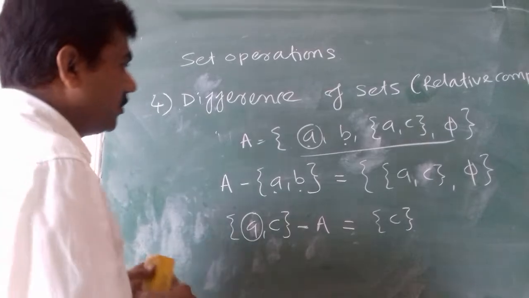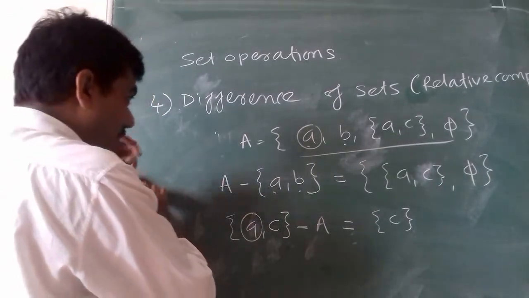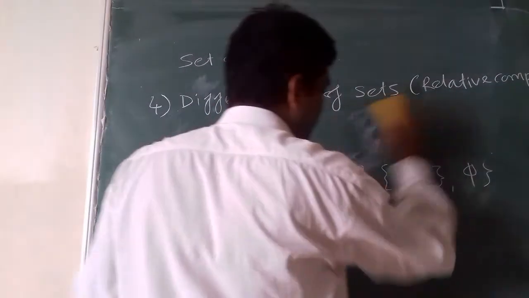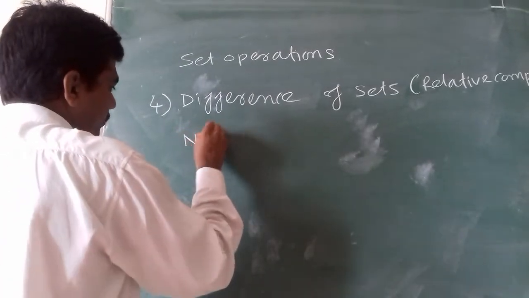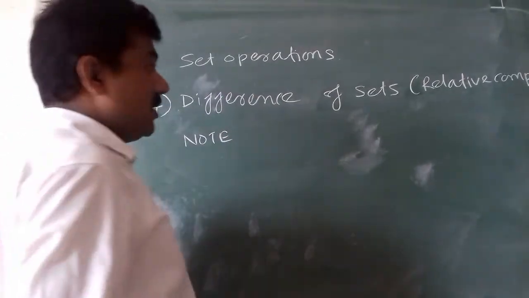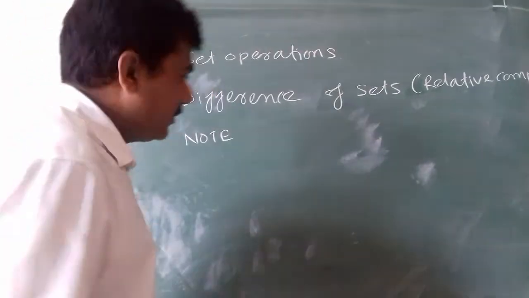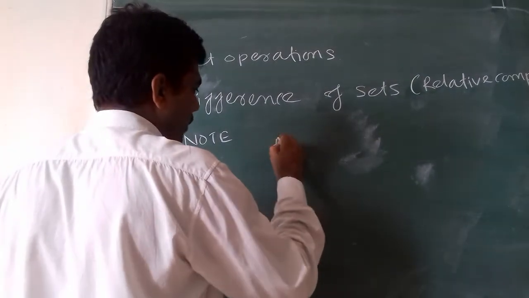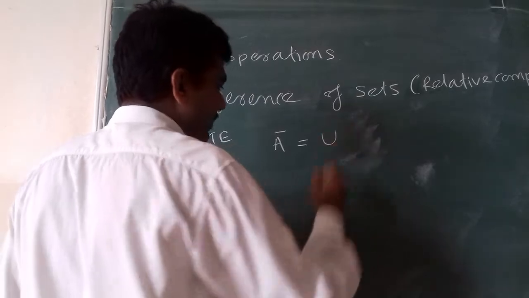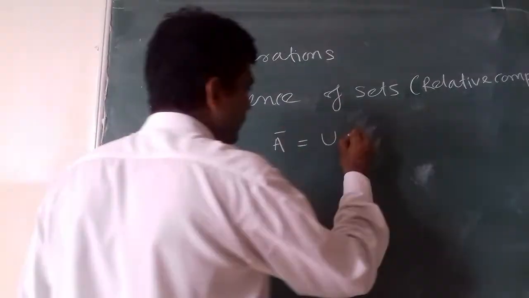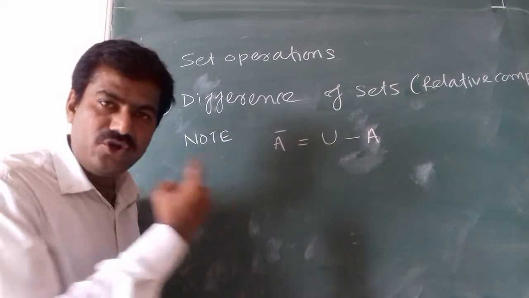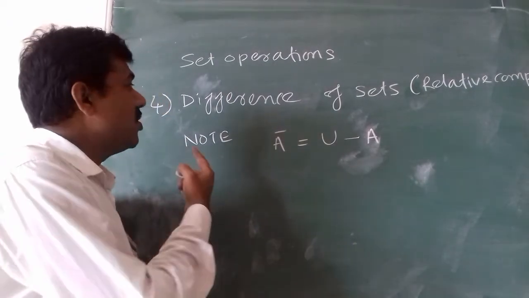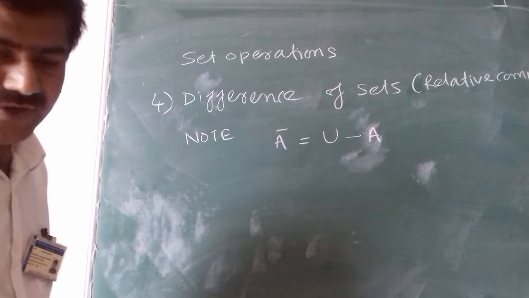Now, note the properties with respect to the difference. I will enlist these. First one, A complement is equal to universal set minus A. That is a property with respect to the difference.